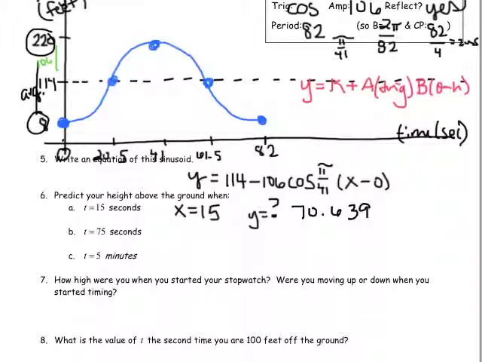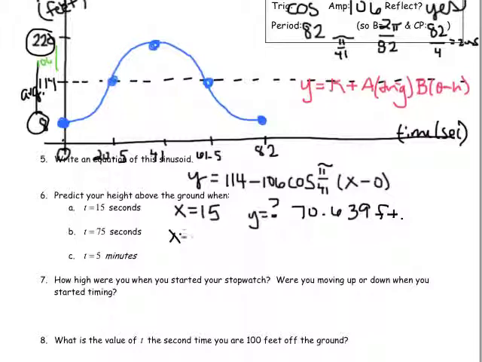Which, if you look back at your graph, makes sense, because 15 seconds would be about here, and I can't tell you that that's going to be 70, but it seems a reasonable answer. It's in between 8 and 114. Oh, and that's the height, or feet, 70.639 feet.